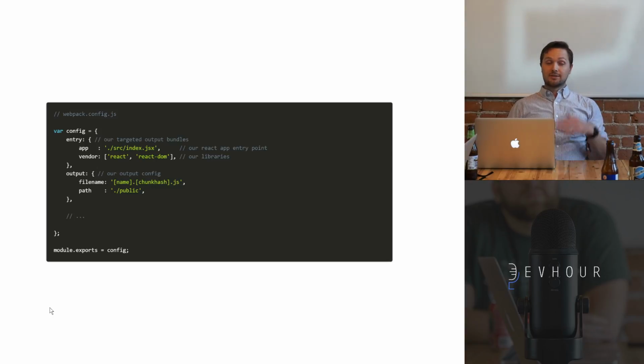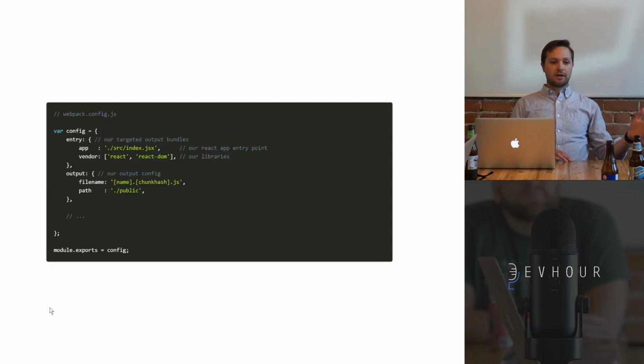Okay, continuing down. So this config would almost work out of the box. We would almost not need to change anything in order to start transpiling JSX. The one thing that we have to do is tell Webpack how to handle JSX files.